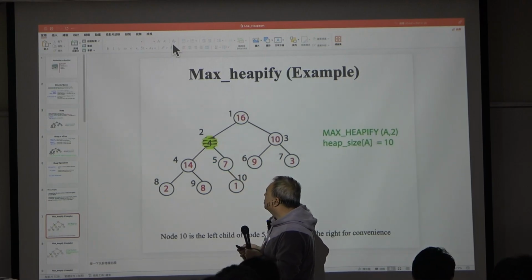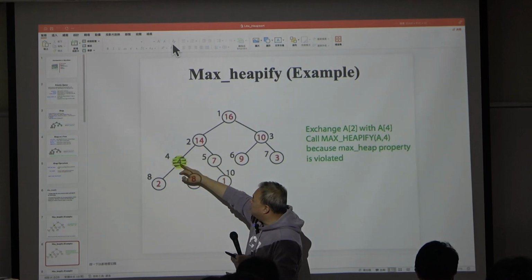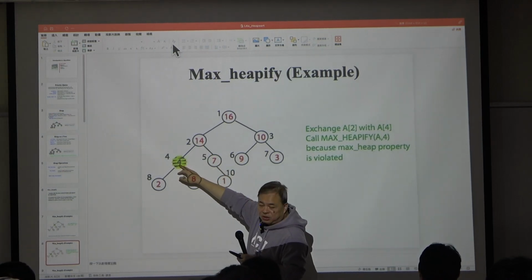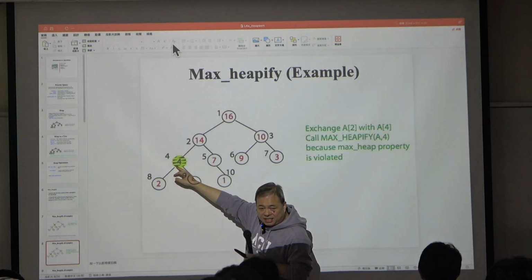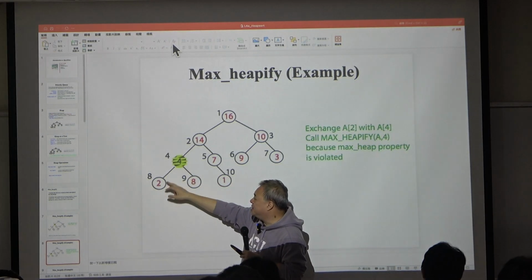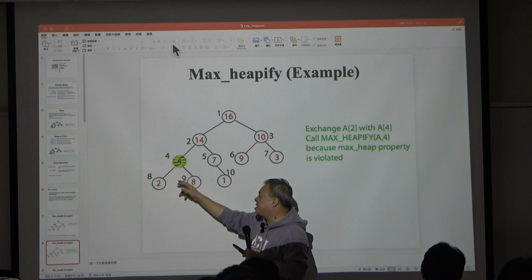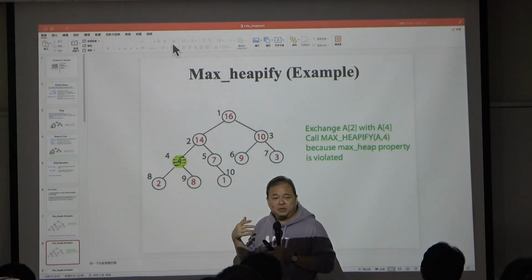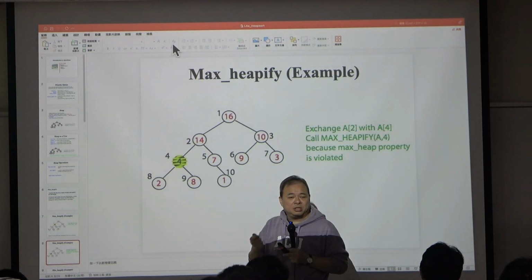We put 14 here, and the 4 ends up at this location, right? But it's not done yet. We need to further check if there's a violation here. If there's a violation, we need to keep doing this until no violation can be found.